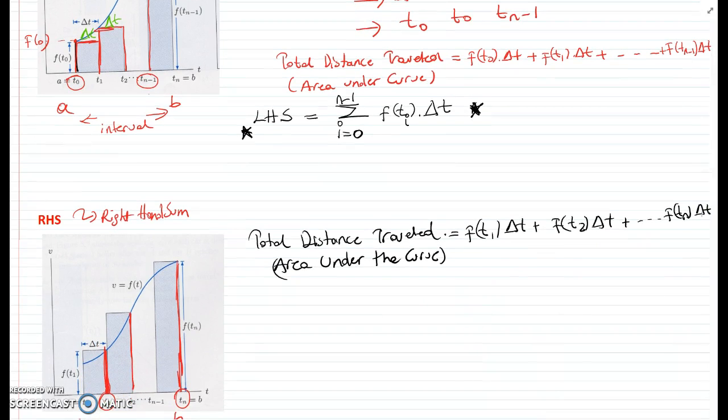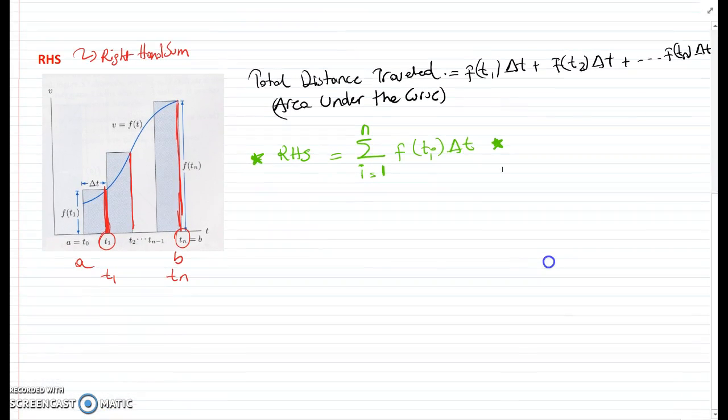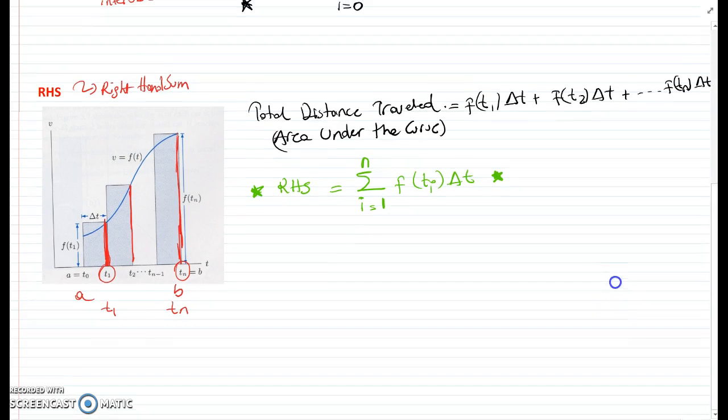Then our right-hand sum will be equal to the sum of f of t i delta t, going from i equals 1 to i equals n. Alright. So why is that important for us? Because we want to know how much we travel by knowing the velocity.